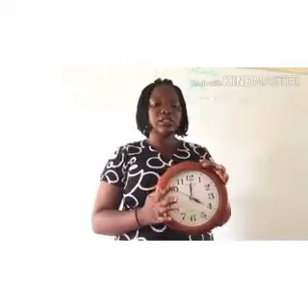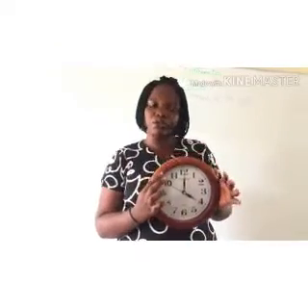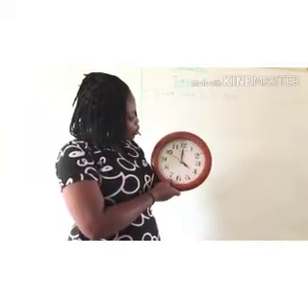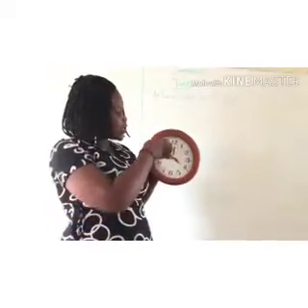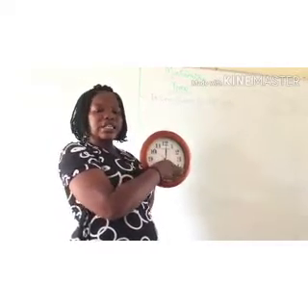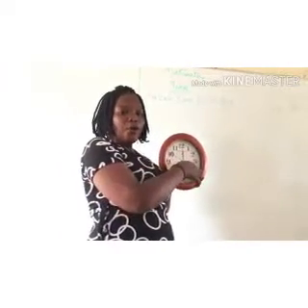That is to say, 0 minutes and 0 hour. So we observe in this clock that the minute hand is at 12 and the hour hand, which is the short hand, is directly at 4.